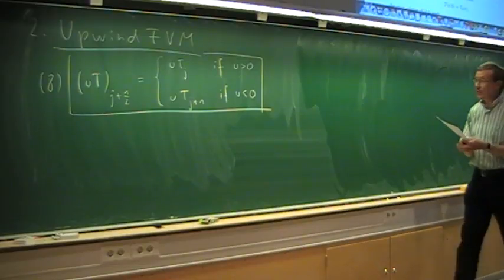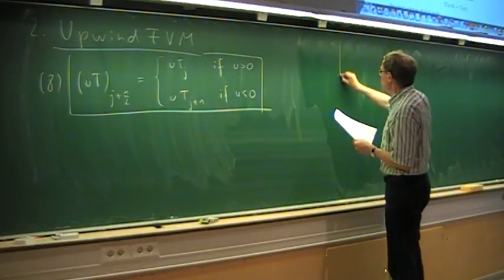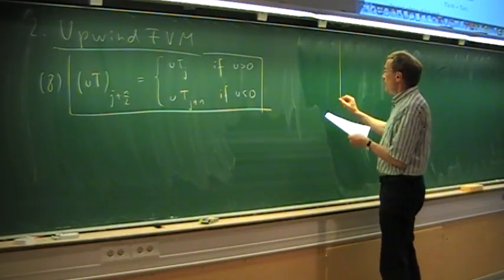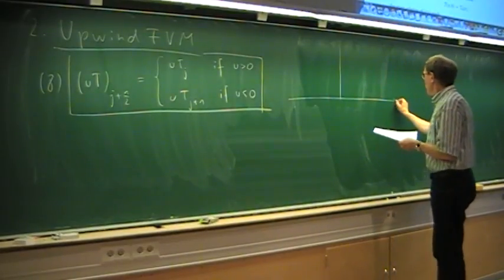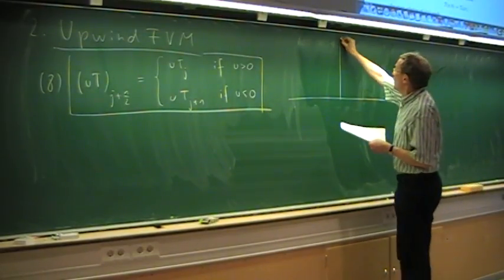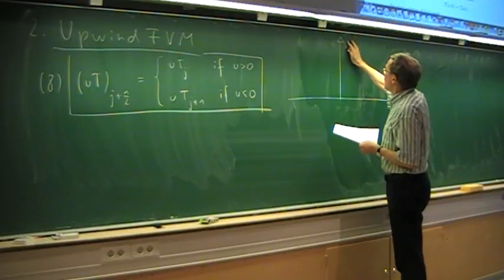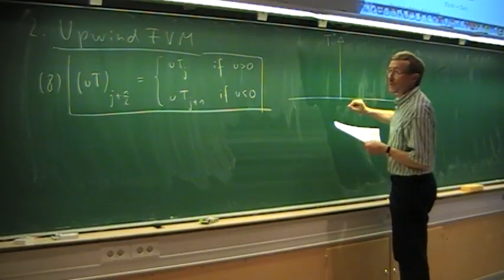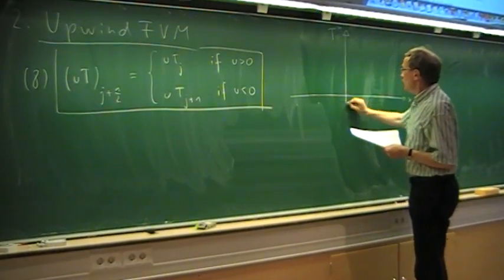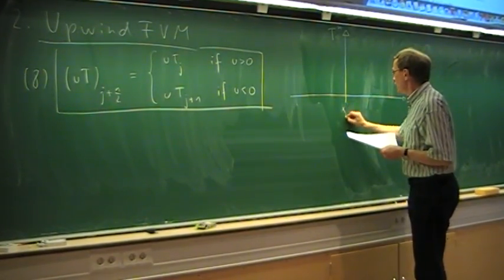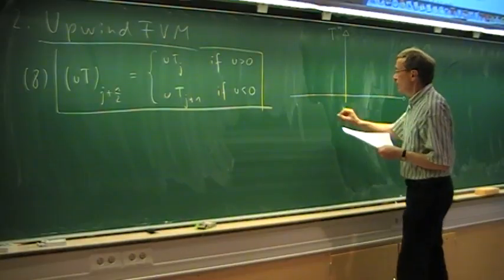And that we can imagine the following way. We think we are here at the face j plus 1/2. We have x, we have t, and we assume we are here at the old time level, tn say. Here we have the face xj plus 1/2.